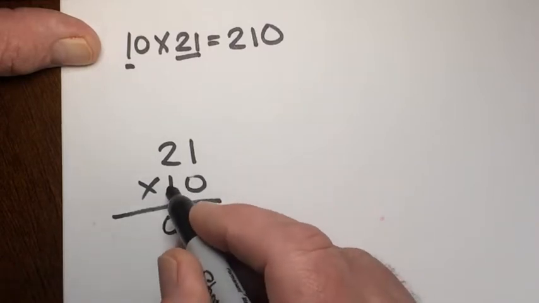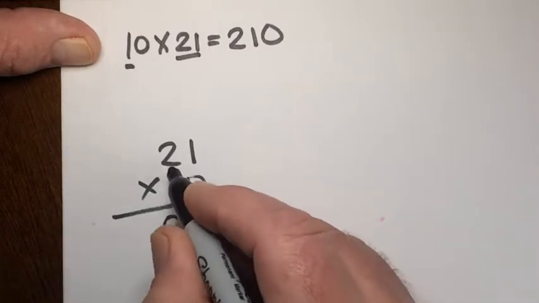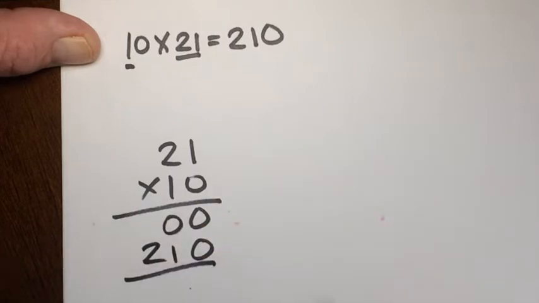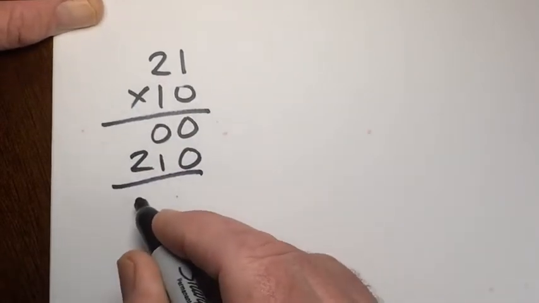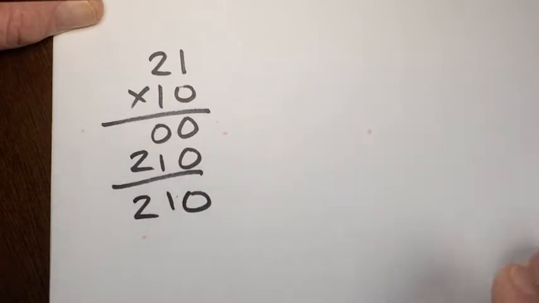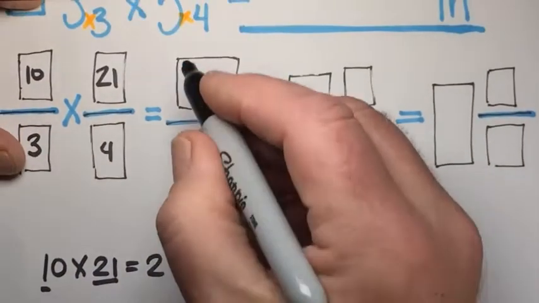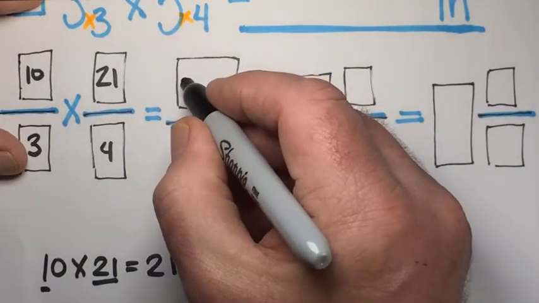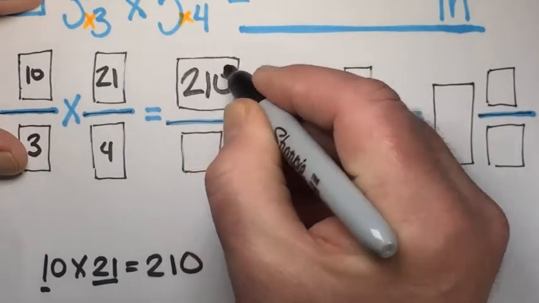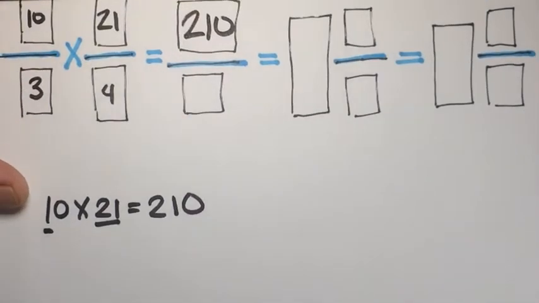And put a 0 here. And 1 times 1 is 1. And then 2 times 1 is 2. And we get 210. So either way you get 210. Let's put 210 up there. At the bottom we'll have 12.